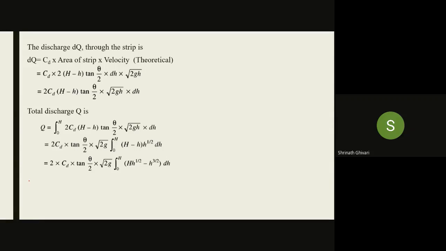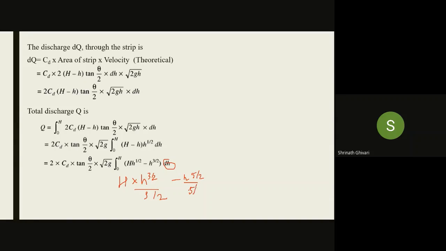Now if I integrate it, what will happen? Anyone? I'm integrating it with respect to dh. So H into h raised to 3 by 2 divided by 3 by 2 minus h raised to 5 by 2 divided by 5 by 2.